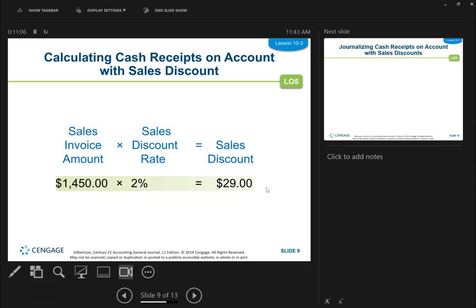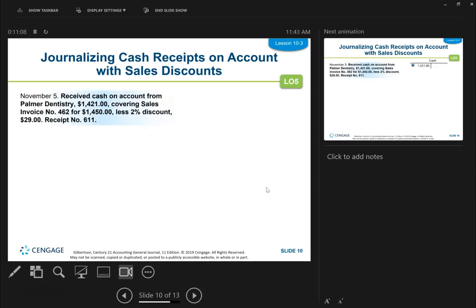All right, and here's the example. So looking at an example, transaction, received cash on account. So here someone's paying their debt back to us. From Palmer Dentistry for $1,421. Covering sales invoice number 462. I don't care about that, right? That doesn't help me right now.